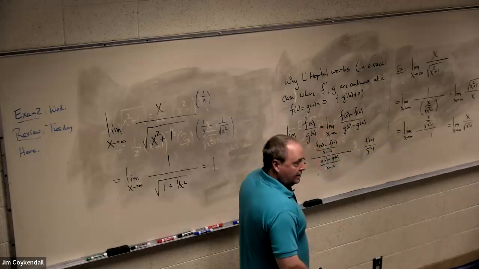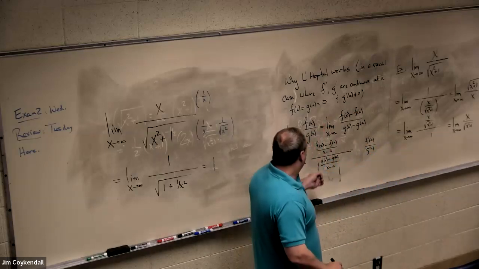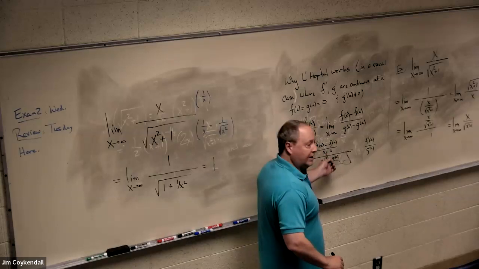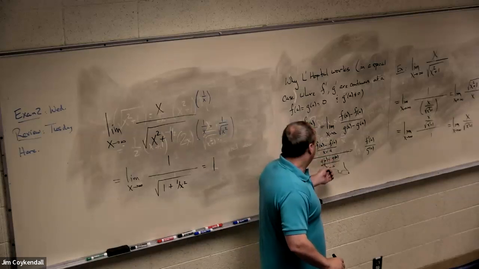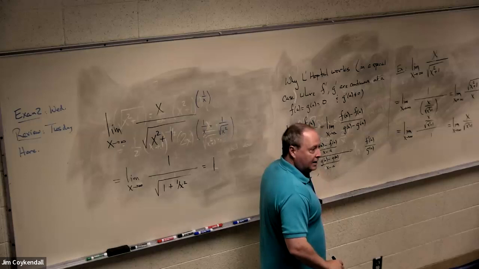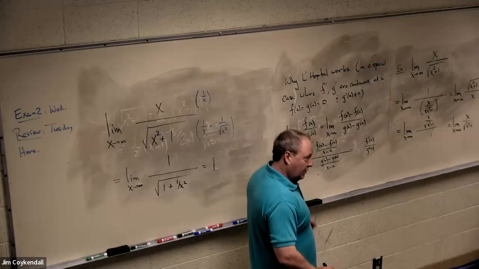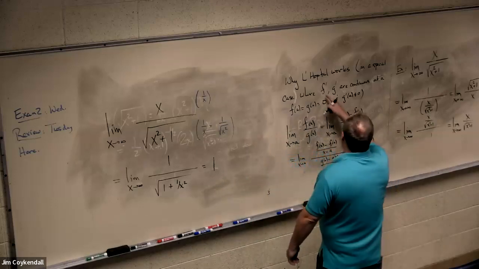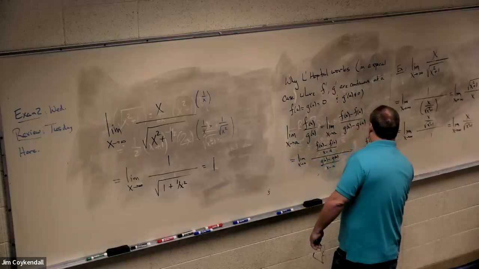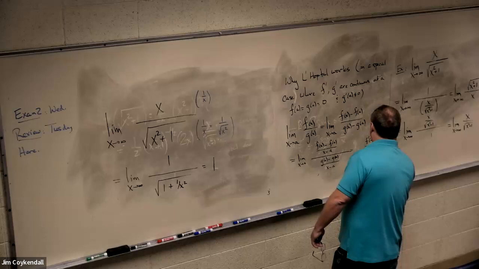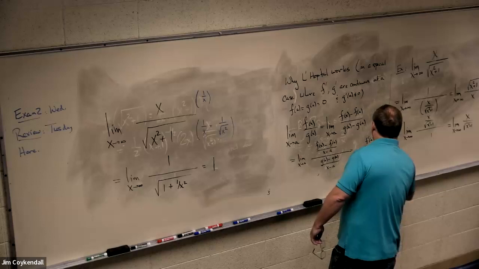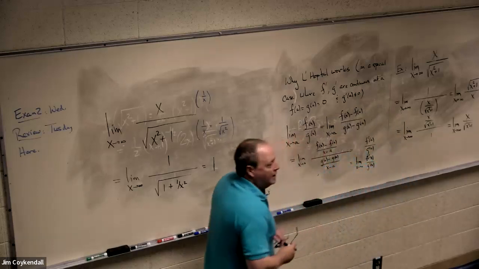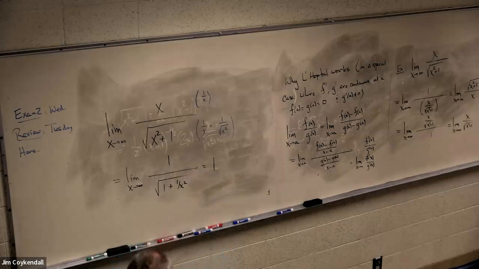I agree with you, because that thing in the top, that's just the definition of f prime of a. This is the definition. Y'all remember that, correct? And because we're assuming that f prime and g prime are continuous, this is the limit as x goes to a of f prime of x over g prime of x. So that's L'Hopital's rule in that special case.